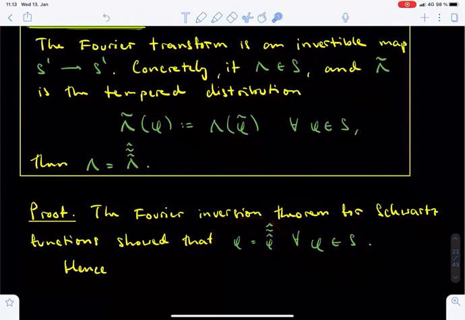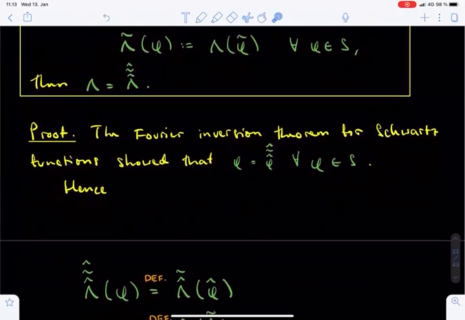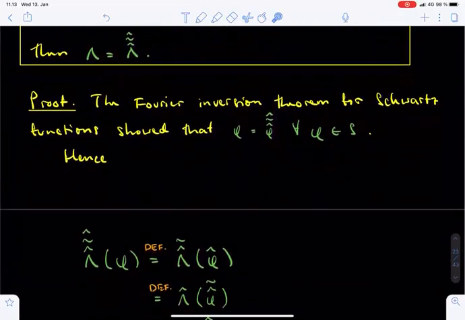Of course, the whole proof of Theorem 4.16 is also based on that theorem. Recall that the Fourier inversion theorem for Schwarz functions could be stated in the single formula phi equals hat tilde hat of phi for all Schwarz functions phi. With this formula in hand, we can easily prove Theorem 4.16.